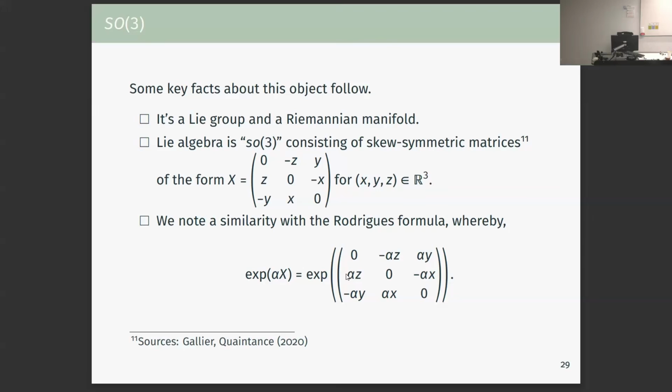Then this will make a rotation matrix. And that's basically the basis for the Rodrigues formula.